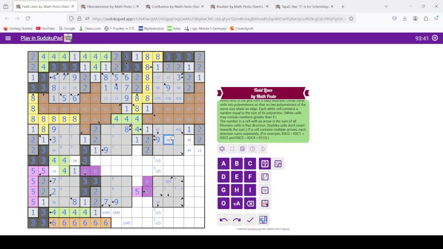If this is 6, 5, 4. If either of these is 6, it's a 7. It has to be a 5, actually.